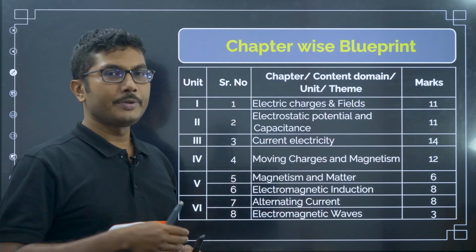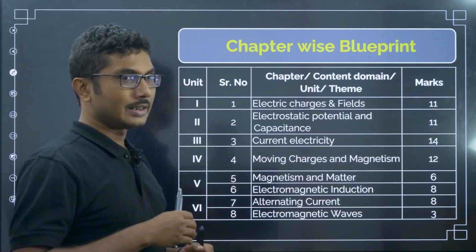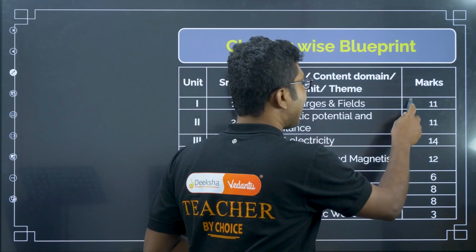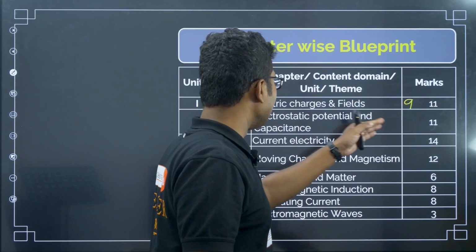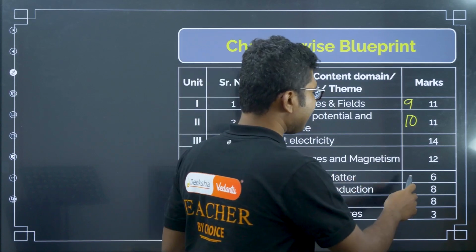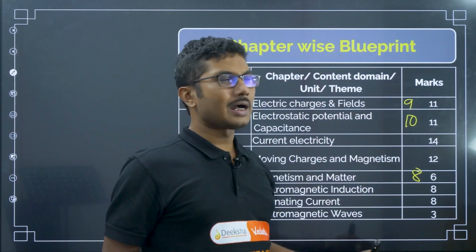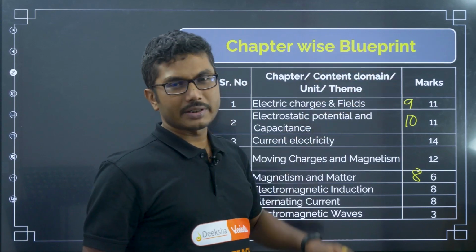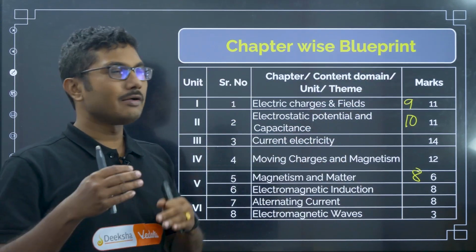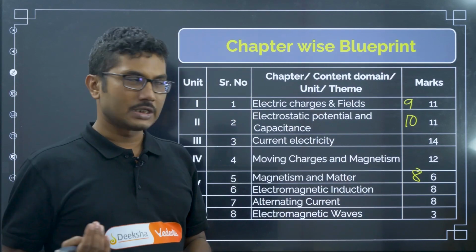For example, in the 2023 blueprint, when the first reduced syllabus was introduced, electric charges and fields had 9 marks, electrostatic potential had 10 marks, and magnetism and matter I think had 8 marks. They have redistributed the marks by increasing or decreasing by 1 mark, in some cases decreasing by 2 marks. That kind of redistribution will happen, but overall there will be no major changes.